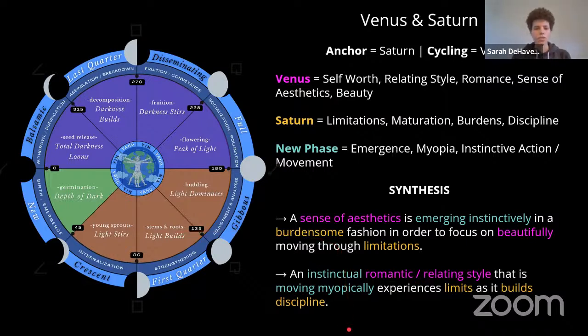So we could say discipline with regard to romantic or relating styles, discipline with regard to moving myopically. Since Saturn's involved, it's of course going to color how the new phase is being acted on, but there's still going to be that myopic movement. The discipline is going to have a lot to do with what is coded into the core intention of what's wanting to be developed in the person's Saturn, if that makes sense.